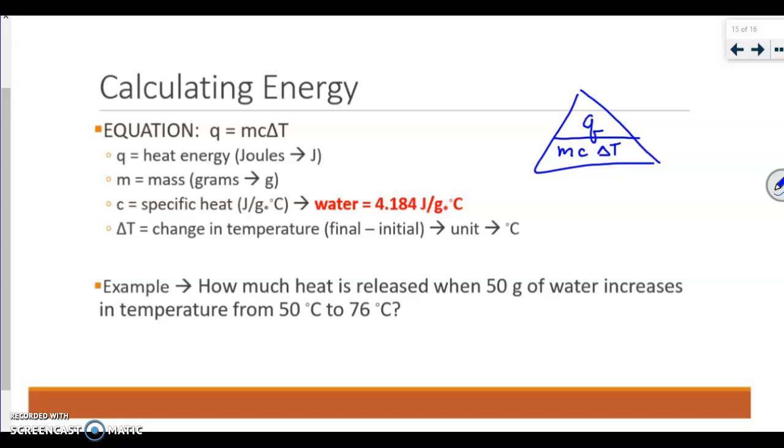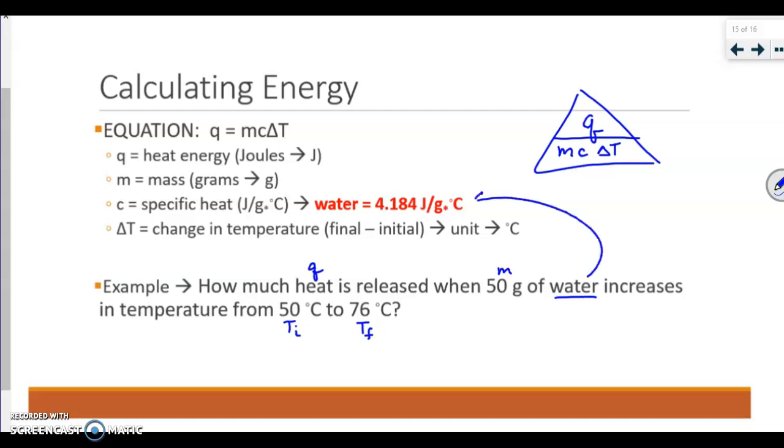So in this example problem, it says how much heat energy, let's label that as Q, is released when 50 grams, we know that's a mass, of water increases in temperature from 50 degrees to 76 degrees. So our first temperature is our initial, our second temperature is our final. And you'll notice specific heat is missing. That's because it's water.